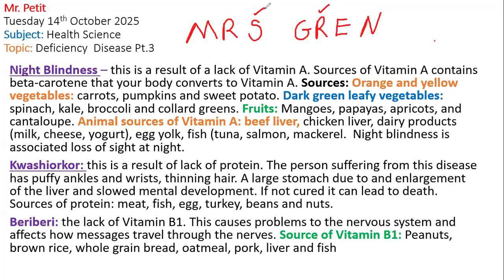The ability to change location of its own accord. Movement. Very good. The ability of an organism to get rid of waste, that's going to be what? Excretion. Very good.